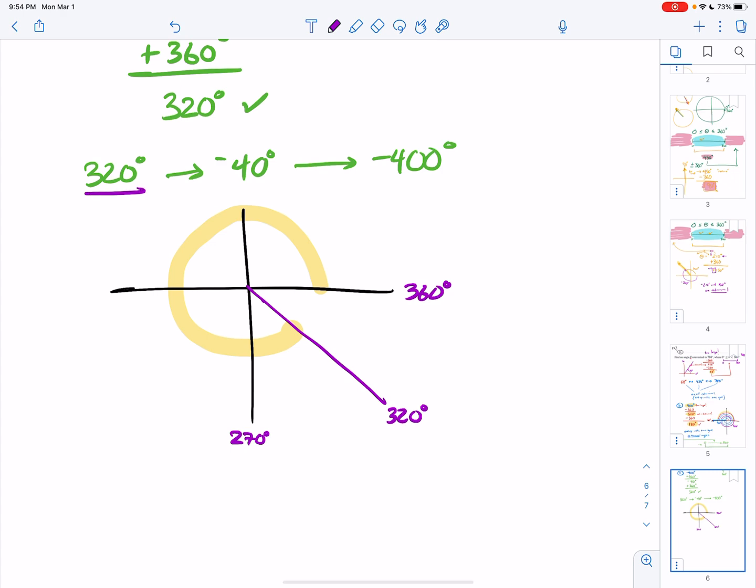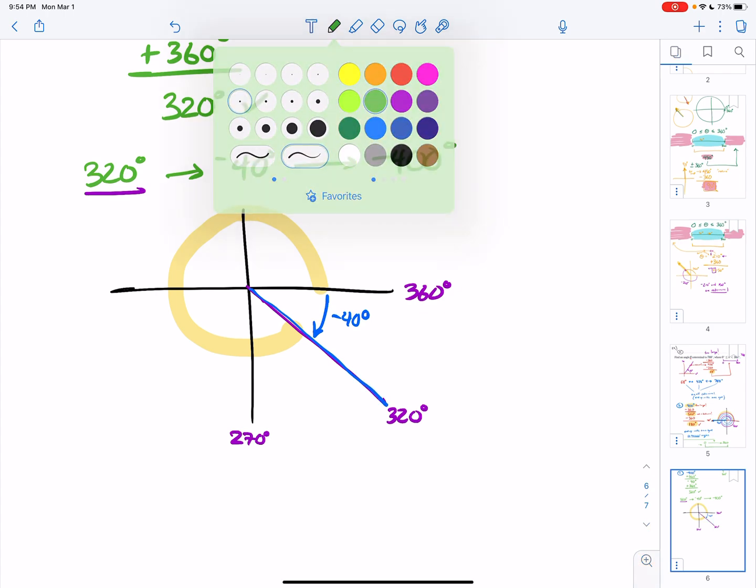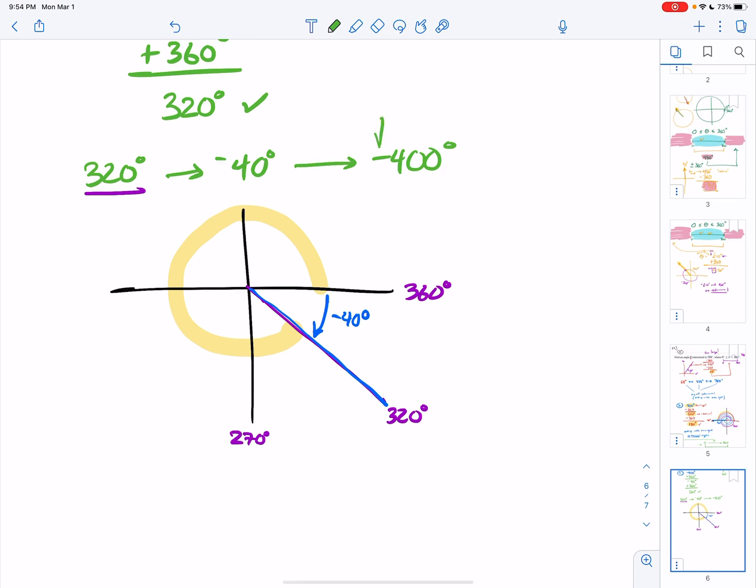Here's 320. Negative 40 means you're going clockwise 40 degrees. Notice how you end up on the same terminal side. Or if you decide to go clockwise in a full circle plus an extra 40, which is negative 400 degrees, notice how you still end up on that same terminal side.